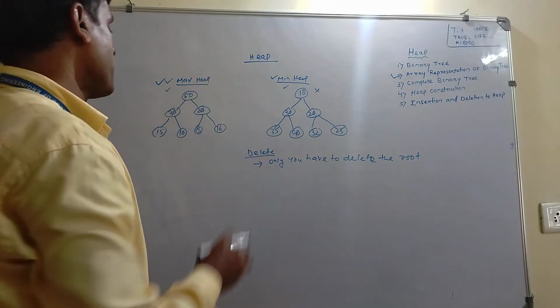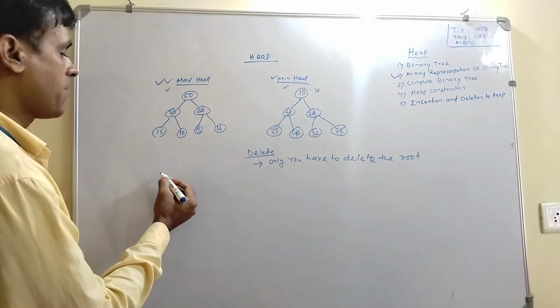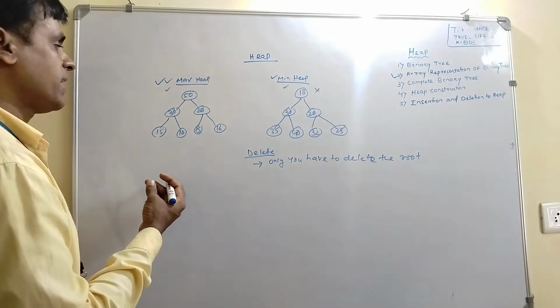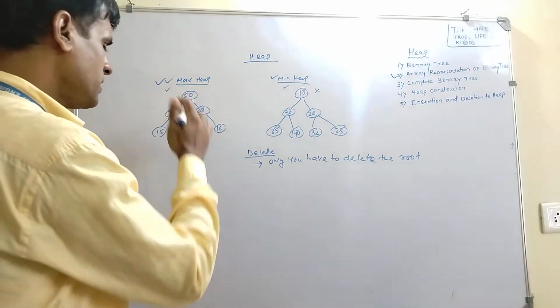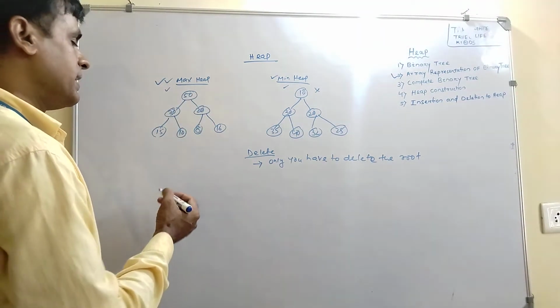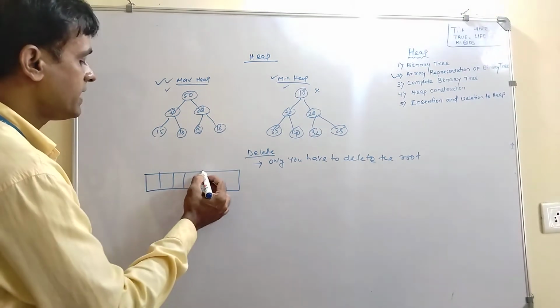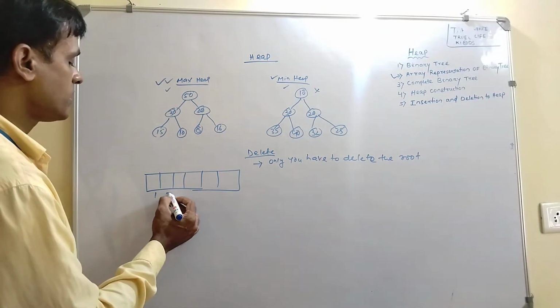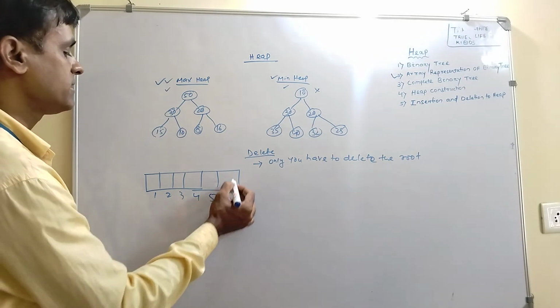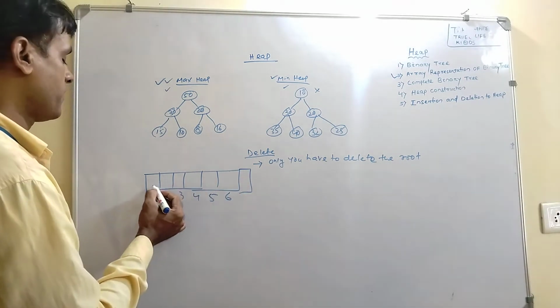Suppose, for example, this is our max heap and you want to delete one element from this, then the root will be deleted. First represent it in the form of an array, then we will say how to delete and how to readjust it. Suppose this is 1, 2, 3, 4, 5th and 6th, like this we are presenting it.